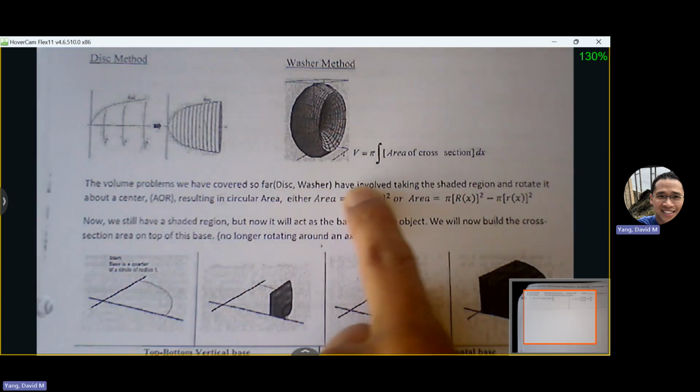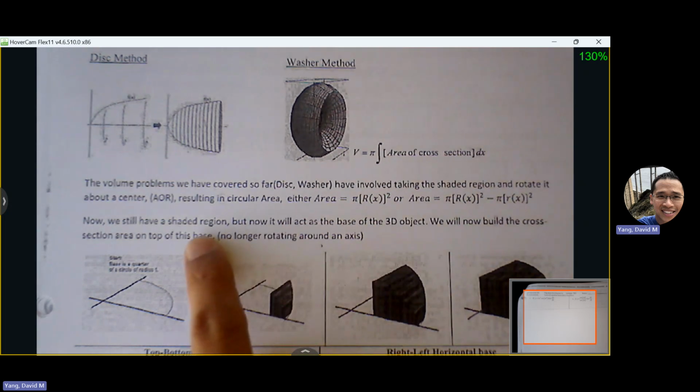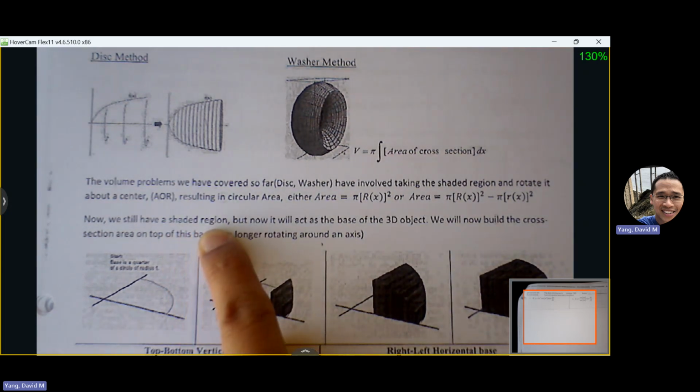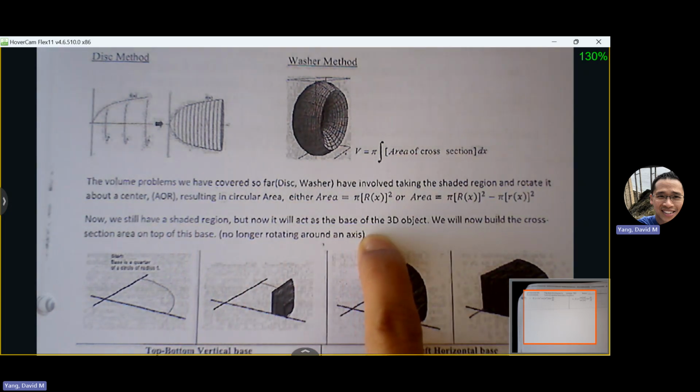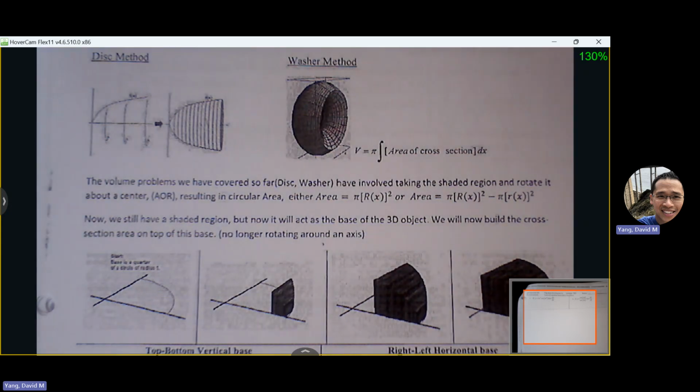That rotation is what's causing that circular shape. But today we're talking about what if we were building certain shapes not out of rotation, but on a base, and we're building different cross sections from that base.